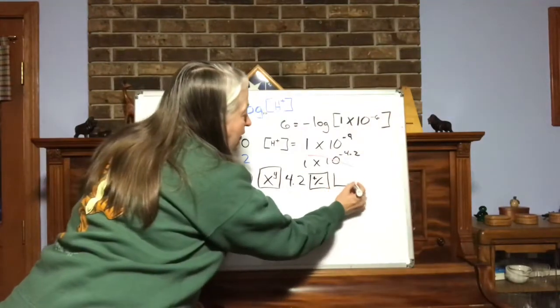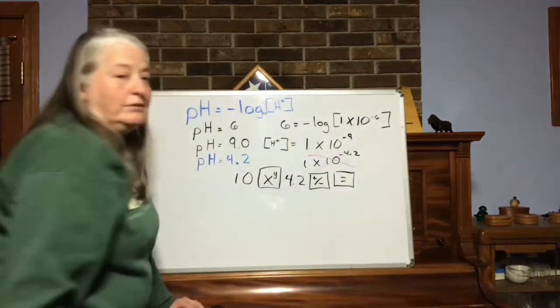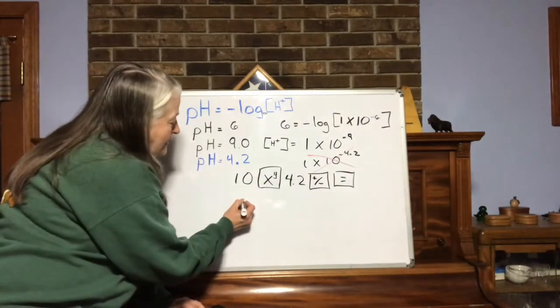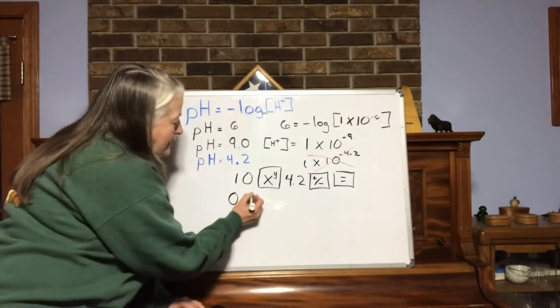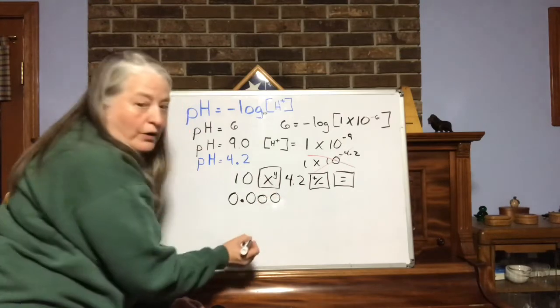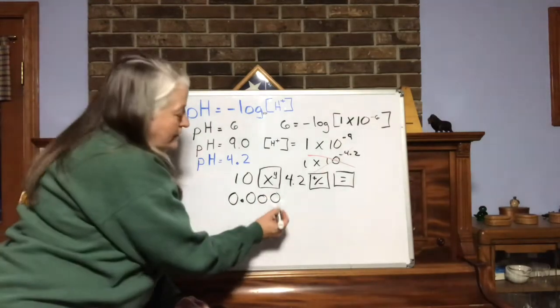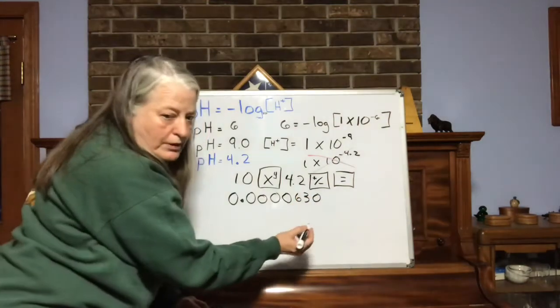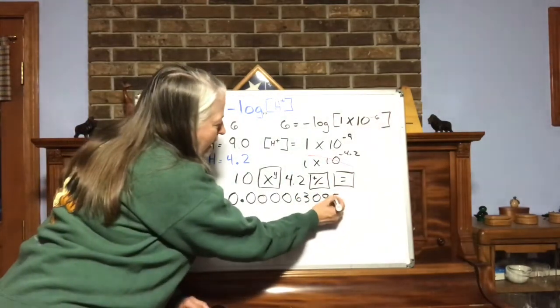Then it equals. Your calculator could spit out a big number like this: 0.000063095, etc.